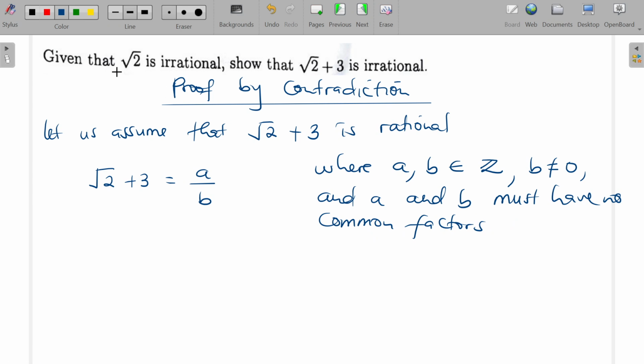And they've included another one: they've said that the square root of 2 is irrational. So you add it there.